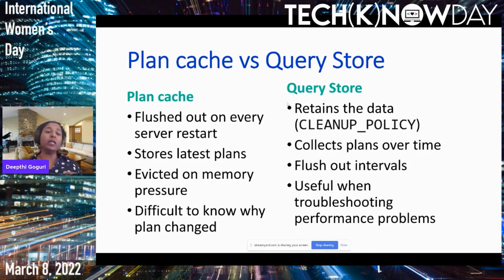It is very difficult to know why the plan has changed if you are using the plan cache. But the query store is very useful for troubleshooting performance problems, because you can see what your query plan was at the particular time when the query ran. You can see the history of the plans.